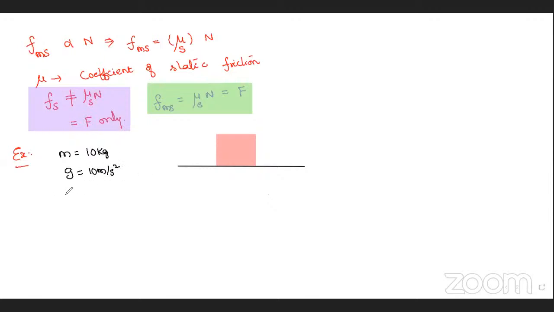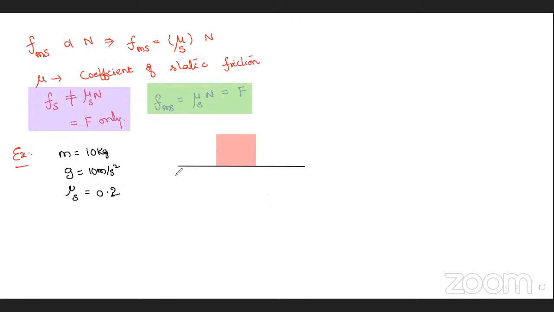Given that mu s is 0.2, the coefficient of static friction. It has no units, Nana. Mu s is fms by n. Fms is a force, normal reaction is also a force. Force by force means no units. Just 0.2.